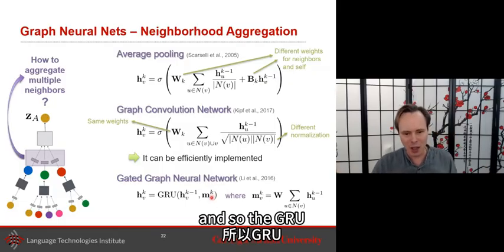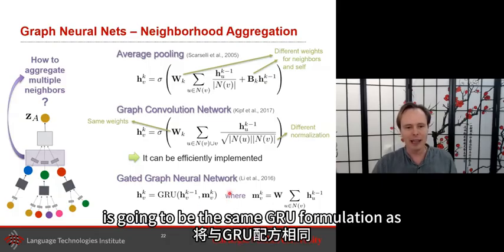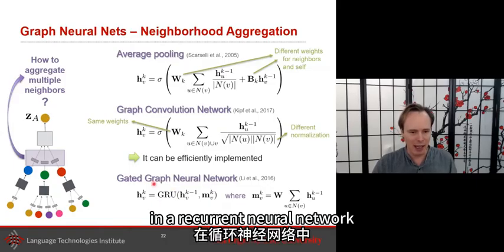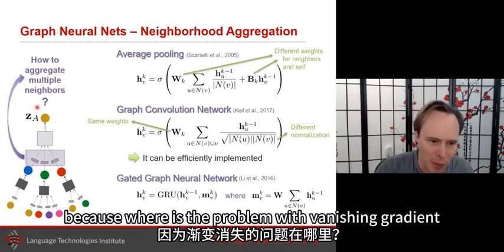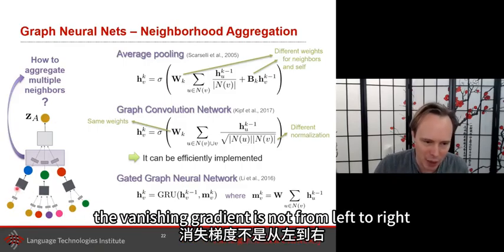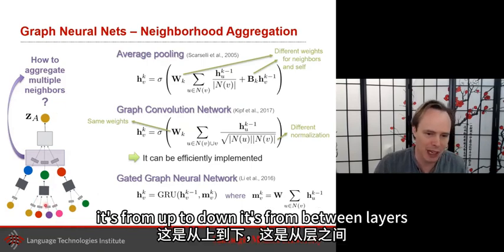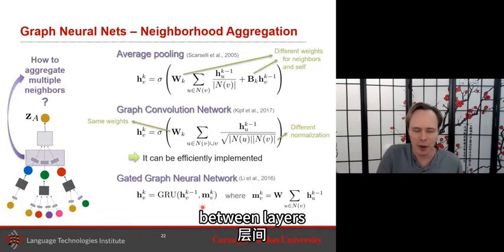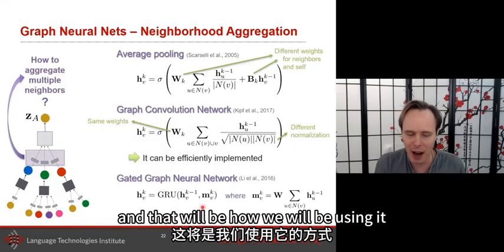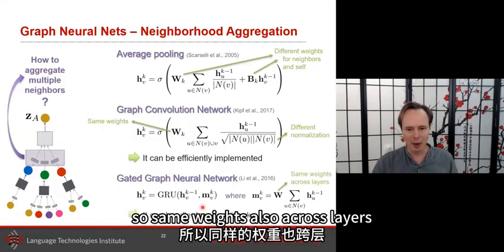And so the GRU is going to be the same GRU formulation as in a recurrent neural network, but here we're going to use the GRU over layers. Because where's the problem with vanishing gradient? The vanishing gradient is not from left to right, it's from up to down, between layers. And so the GRU is going to be helpful between layers, and that is how we will be using it. So same weights also across layers.